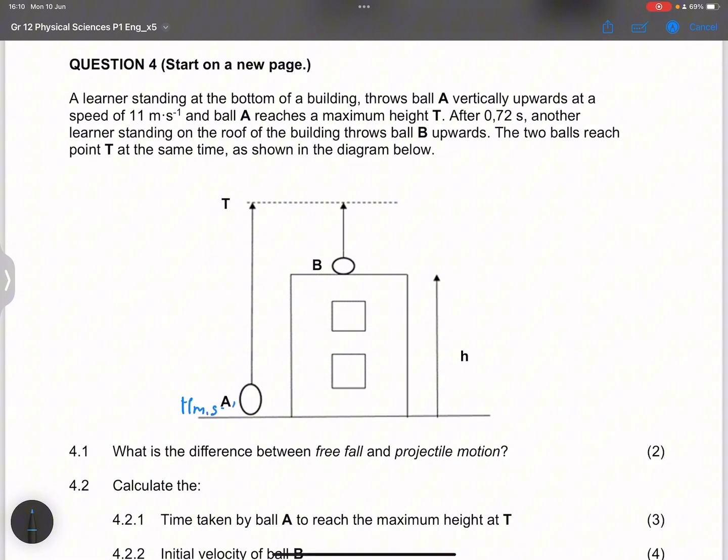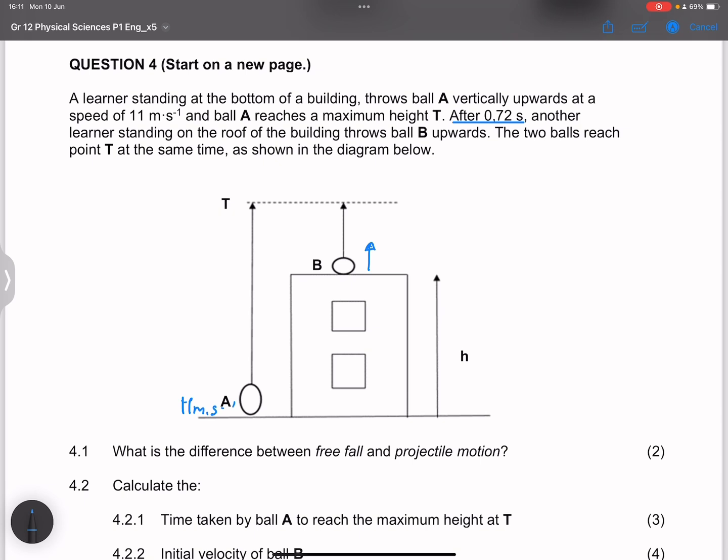And they say the ball reaches a maximum height T after 0.72 seconds, that's very important. They say another learner standing on the roof of the building throws ball B upwards. So ball B is also thrown vertically upwards. The two balls reach point T at the same time as shown in the diagram below.